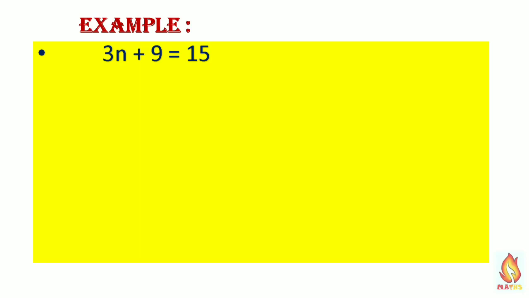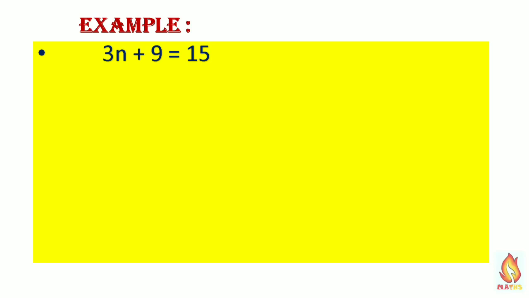Here n is the variable, and to find the value of n, we have to keep only the 3n part in the LHS and remove the constant term. 9 is the constant term. How do we remove 9? If we add negative 9, or subtract 9 from the LHS part, then 9 will be removed.